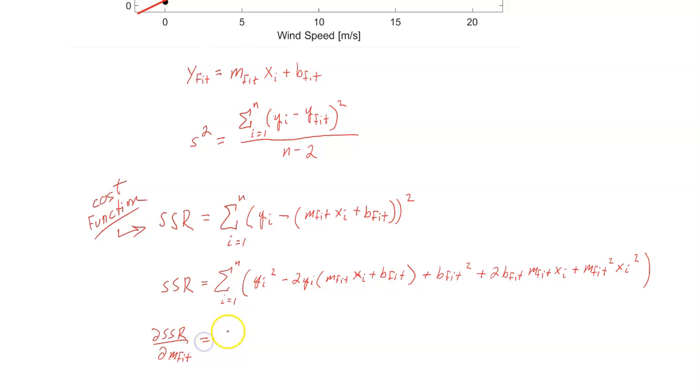Well, we still have our summation. And from this term we should have a negative 2 yi times xi.